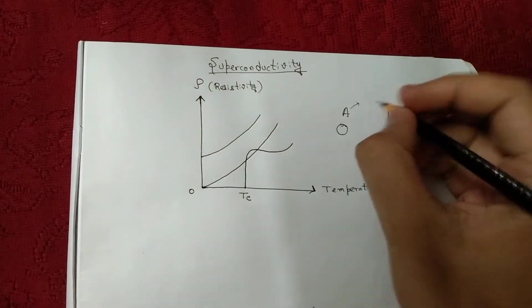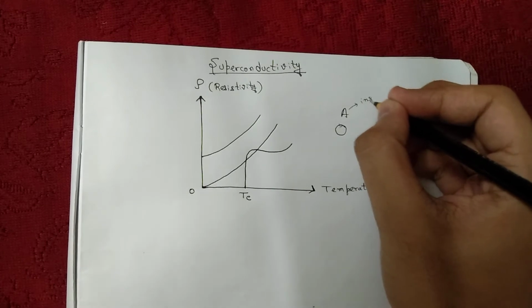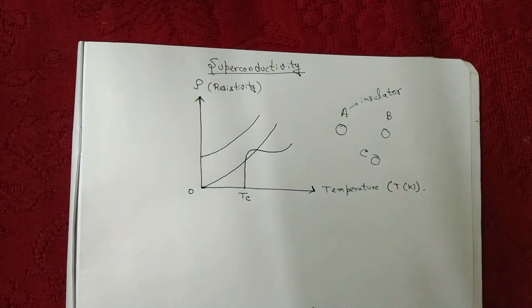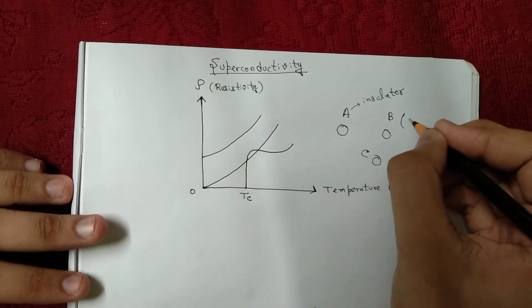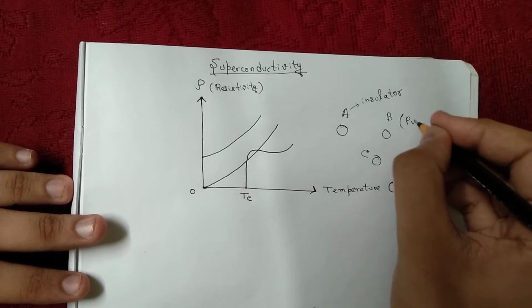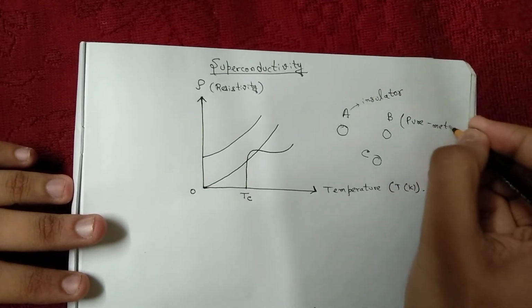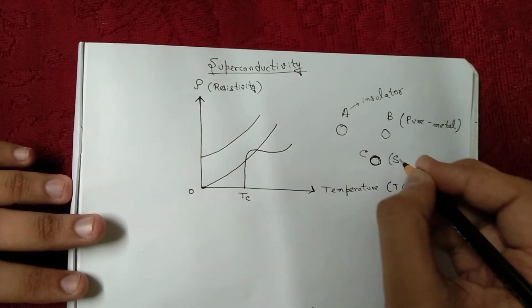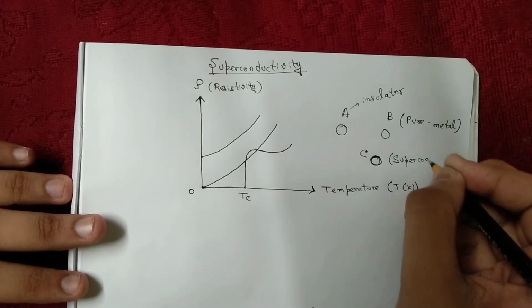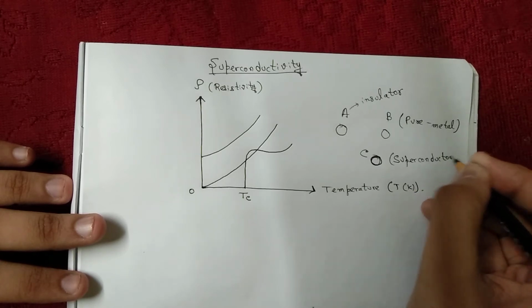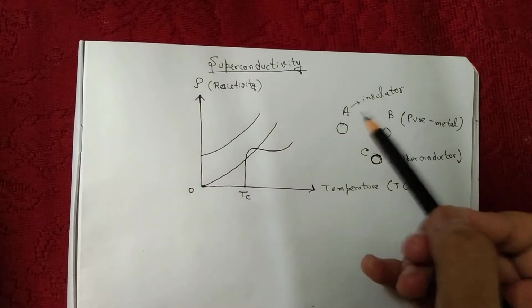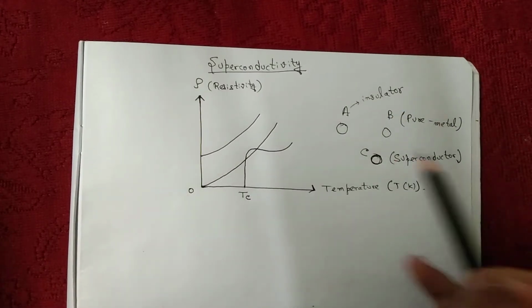This is A and let me name this as insulator. This is B, let me name this pure metal, and let C be our superconductor. So insulator is named as A, pure metal is B, and superconductor is C.